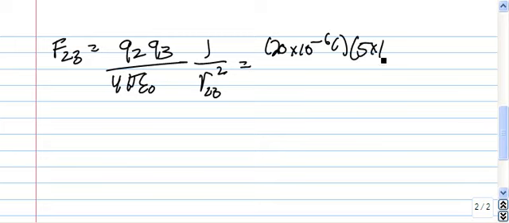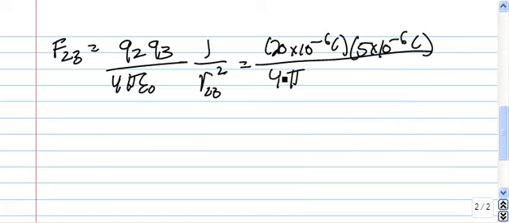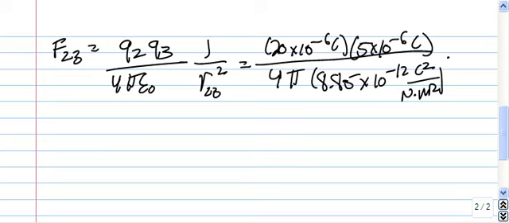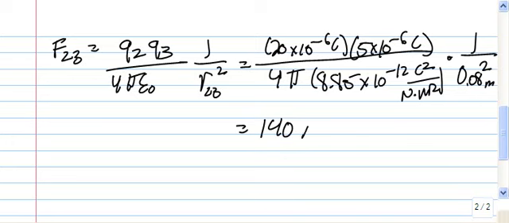Q2 is 5 microcoulombs. This is over 4 times pi times epsilon naught, which is a constant, times the distance, which in this case is 8 centimeters, or 0.08 meters. Okay. If I put these numbers in, I calculate that this force is 140 newtons. This one's going to be to the right.